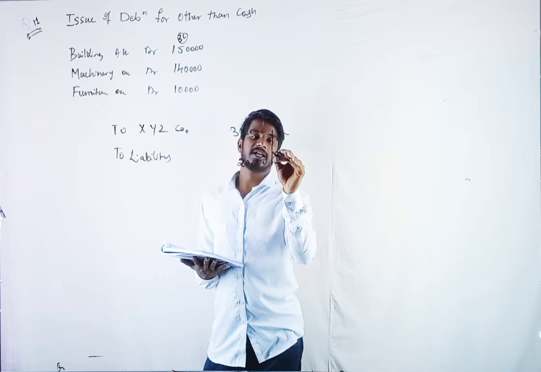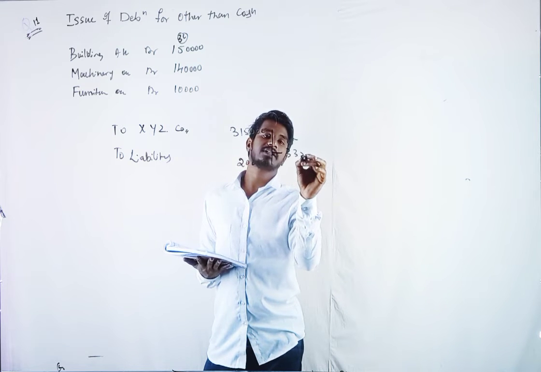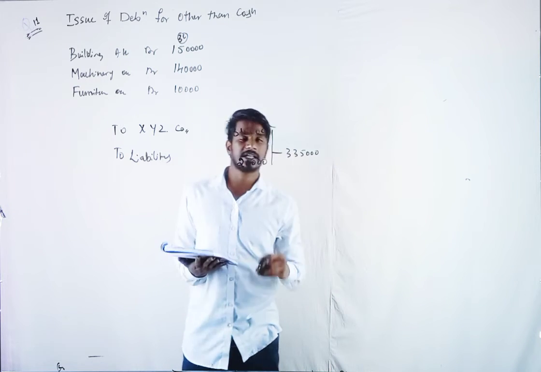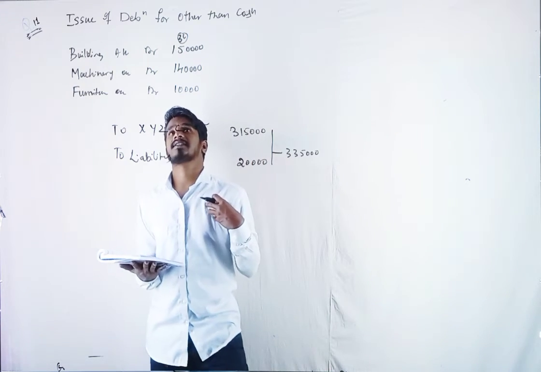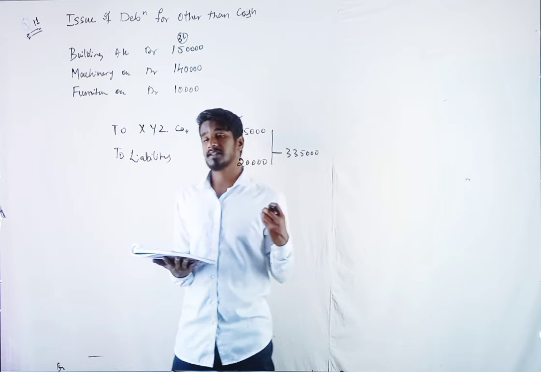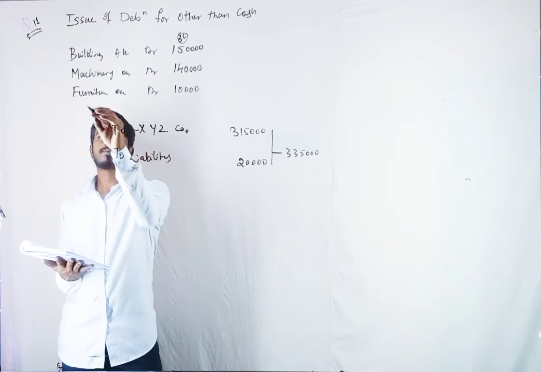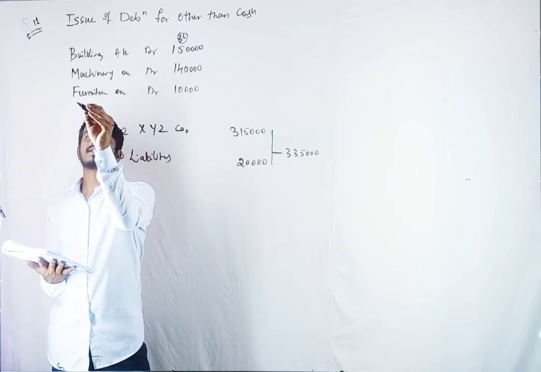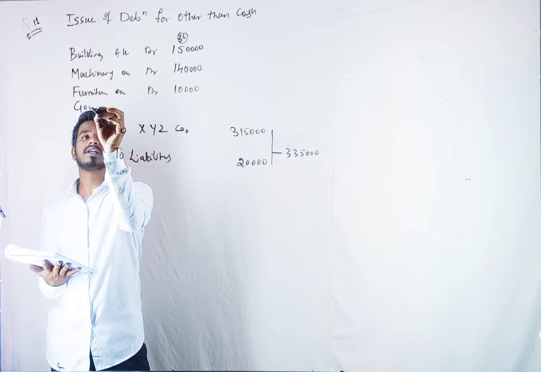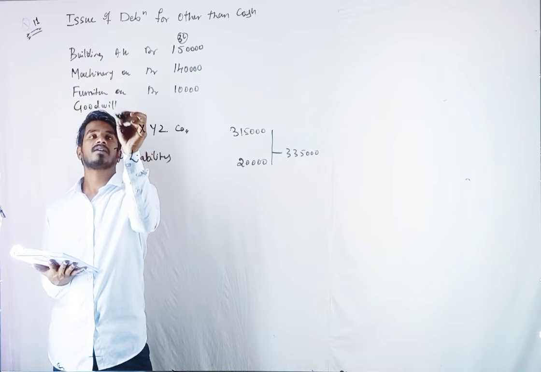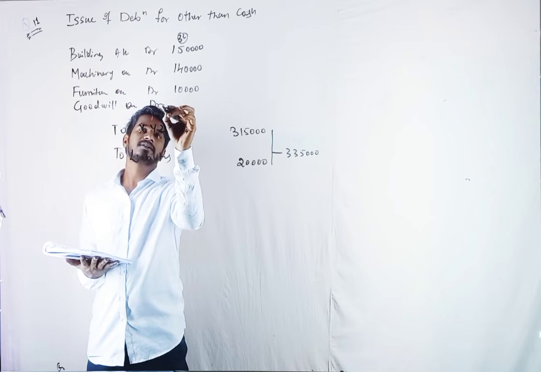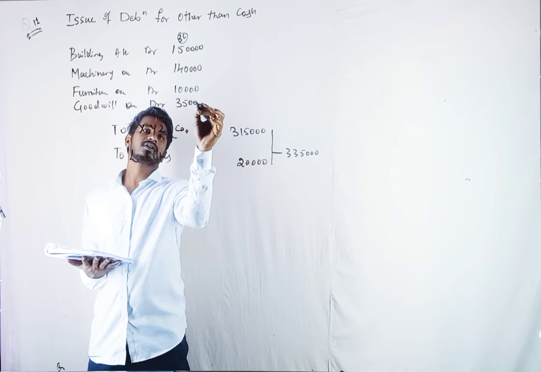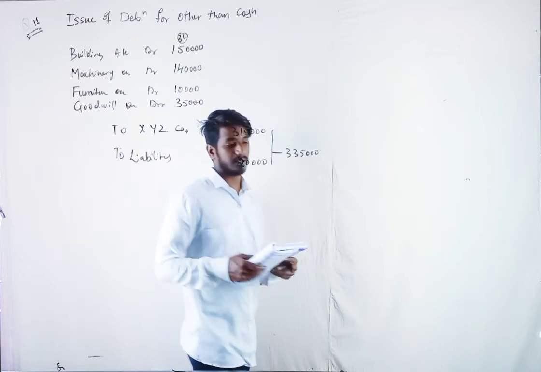For that we are paying 3,35,000. 3 lakh assets, and 35,000 we are paying in excess. If we pay excess, we will treat it as paid for their goodwill. Goodwill account debit 35,000. We have paid for their goodwill.